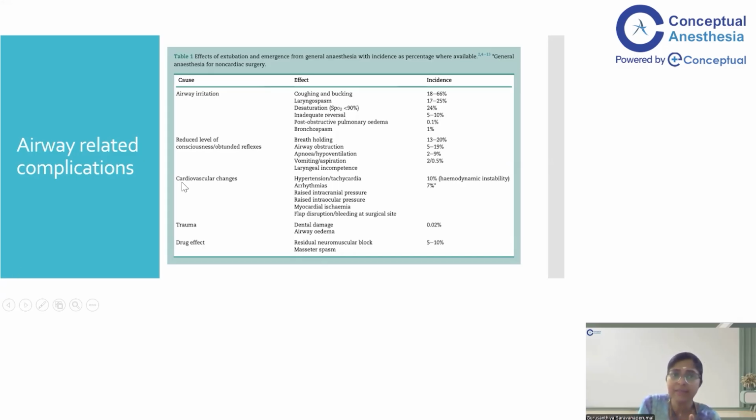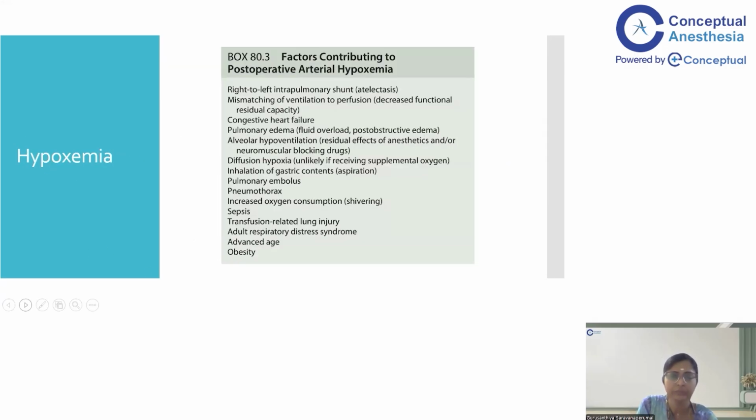If the patient has a cardiovascular problem, say a reduced ejection fraction or perioperative myocardial ischemia, the patient may throw a pulmonary edema, which can present as perioperative respiratory distress. This can contribute to postoperative hypoxemia. The causes of postoperative hypoxemia can be atelectasis after general anesthesia.